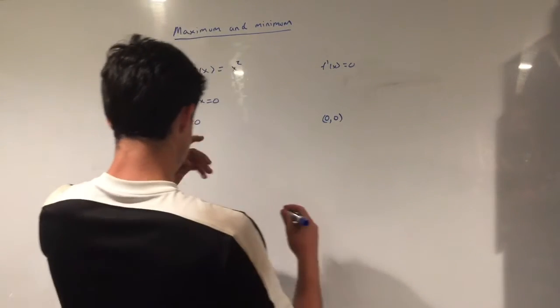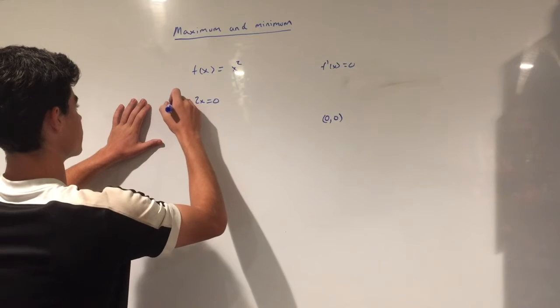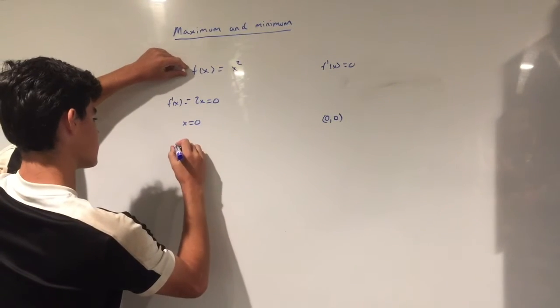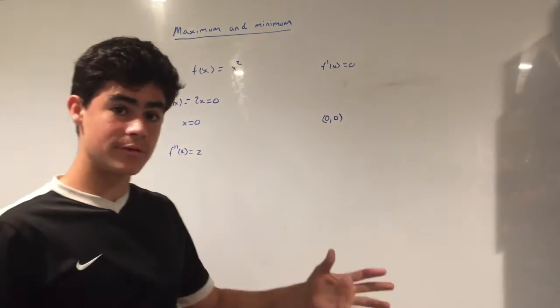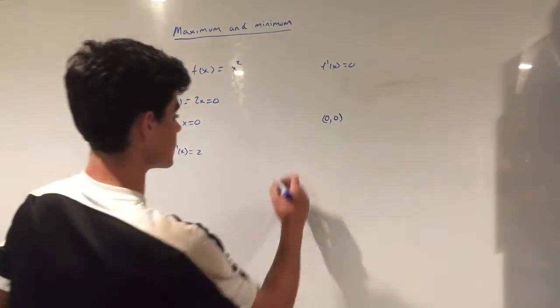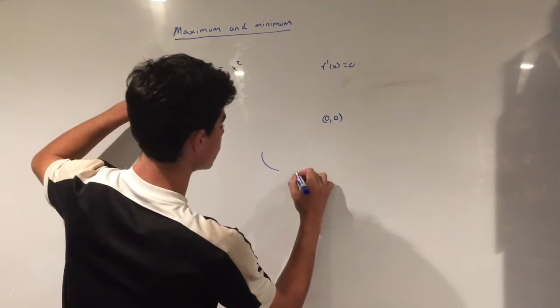So what we want to do is take the second derivative of f of x, and that will give us the concavity of our graph. So if it's concave up for f of x, that means that the graph will either look like this or like this.